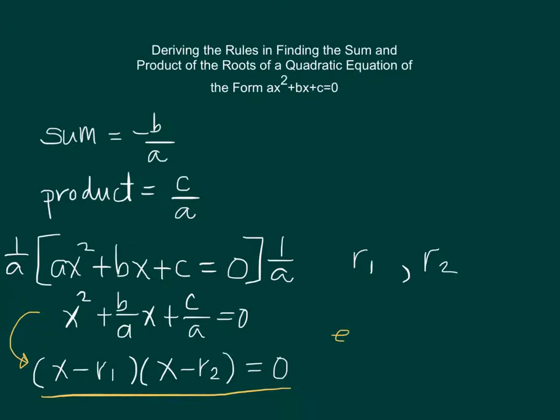Okay, so take note, they are equivalent. And if I simplify x minus r1 times x minus r2 is equal to 0, it should have the form x squared plus b over a x plus c over a is equal to 0. Okay, that's very important.